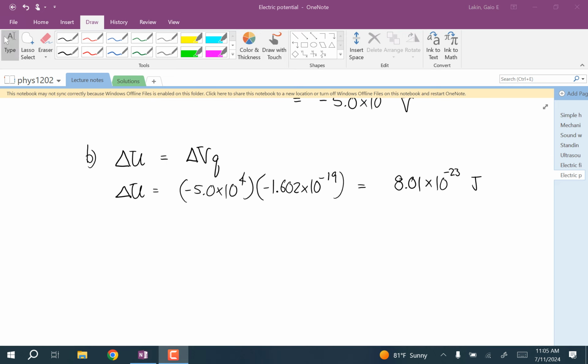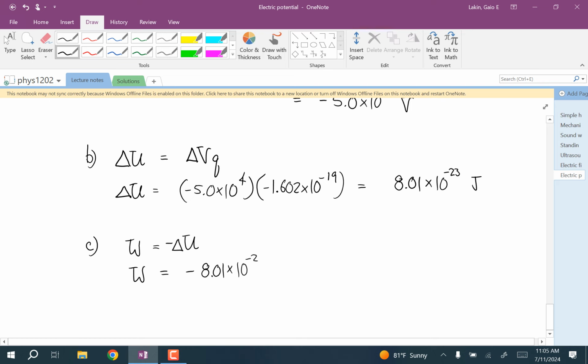Now to figure out the work that's done by this electric field during that motion of the electron, we use the formula that work is equal to the negative change in potential energy. And so the work done on this electron to move it over this path that we've defined is just negative 8.01 times 10 to the negative 23rd joules.